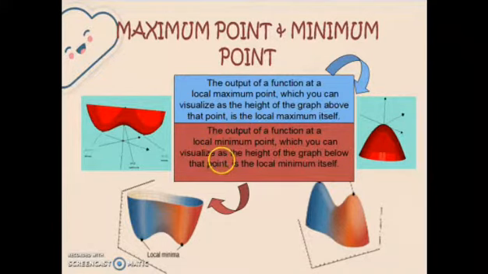Same goes with minimum point, the output of a function at a local minimum point, which you can visualize as the height of the graph below that point is the local minimum itself. On the right here is an example for maximum point, and on the left is an example for minimum point.